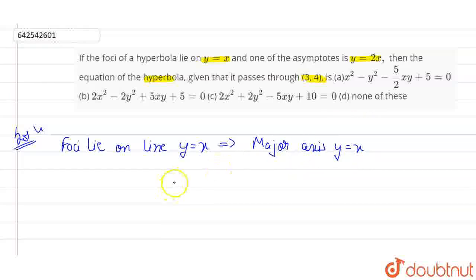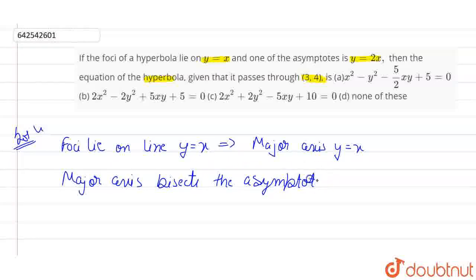It means that the major axis of the hyperbola will be on the line y equals x. From this we can depict that if the major axis is y equals x, it means that the major axis bisects the asymptotes basically. So I can also write here: major axis bisects the asymptotes.